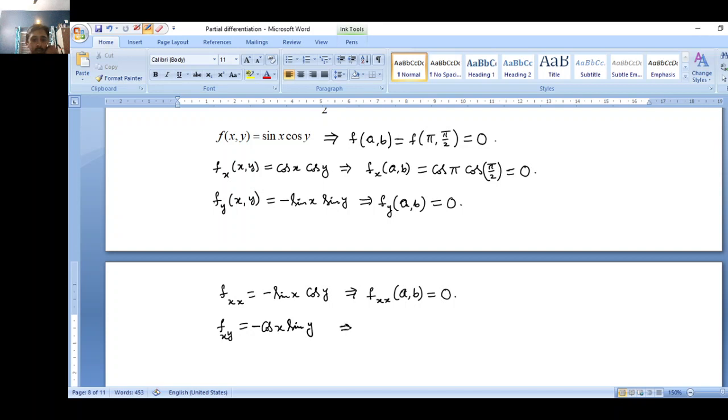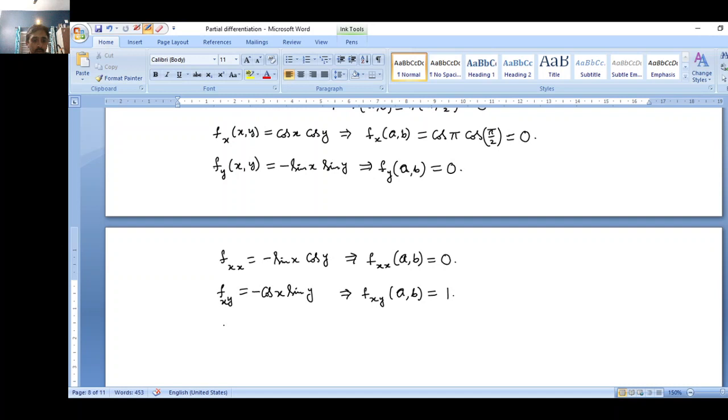So accordingly fxy of a comma b, will this be 0 now? You take a as pi, so minus cos pi is what you get, and then this will be sin pi by 2. As we know, cos pi is minus 1, so this will give you minus into minus 1 plus 1, and sin pi by 2 is 1, so effectively this will be 1. So now we have got a non-zero term. I repeat, generally in a problem, none of the terms could be 0 as well.